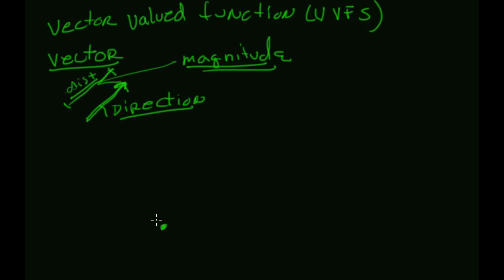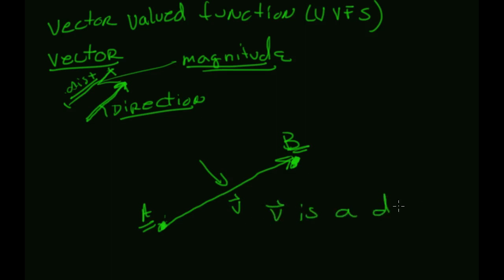So if I have a point A and a point B and I have a vector that connects them, the initial point of the vector is A, the terminating point of the vector is B. We can call this vector V. Vector V is a displacement vector.